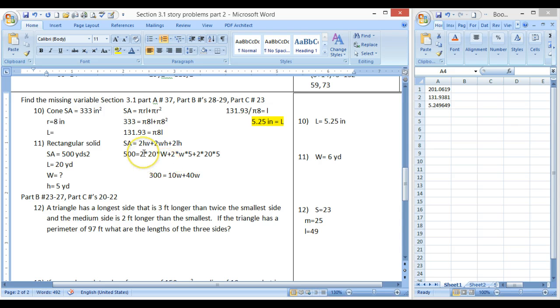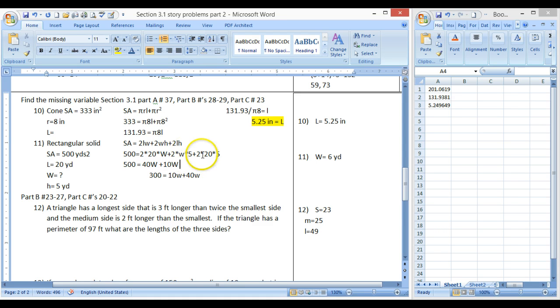So over here, I need to simplify things. 2 times 20 gives me 40, so I have 500 equals 40W. And then I have 2 times 5 times W, so that's going to be 10W.